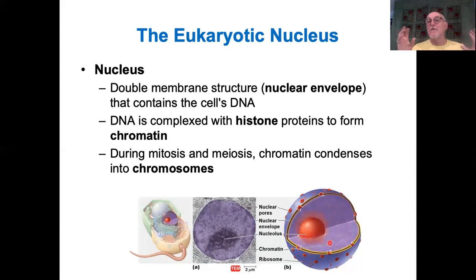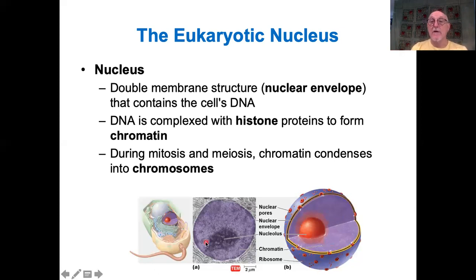We refer to it as condensation. These long, thin strands of DNA, wound around histone proteins, start to get wound up, and they start to contract and contract into thicker and thicker segments until, under the microscope, these chromosomes actually become visible as individual entities.